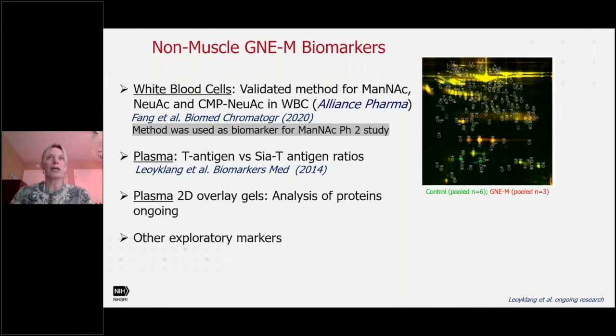So we wanted to look inside cells, as I said, to see if CMP-sialic acid and free sialic acid increased in patient cells. And to mimic a cell, we extracted white blood cells, which are whole cells, and measured ManNAc, free sialic acid, and CMP-sialic acid inside white blood cells. It's easily accessible.